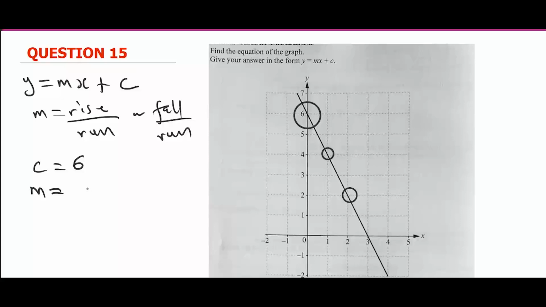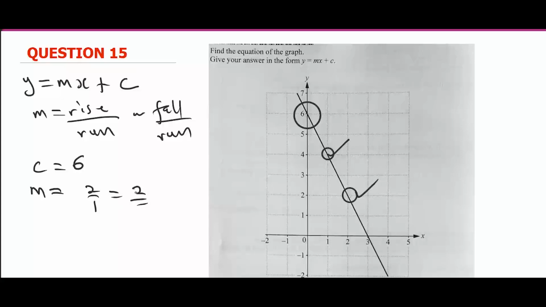That is 2 over 1. Let me confirm this. From this place again, let me go down 2 times, 1, 2, then you move forward once. You still have the same point. That means it's correct. So the gradient is 2 over 1. You come down 2 times and you run forward once, and that is the same thing as 2.